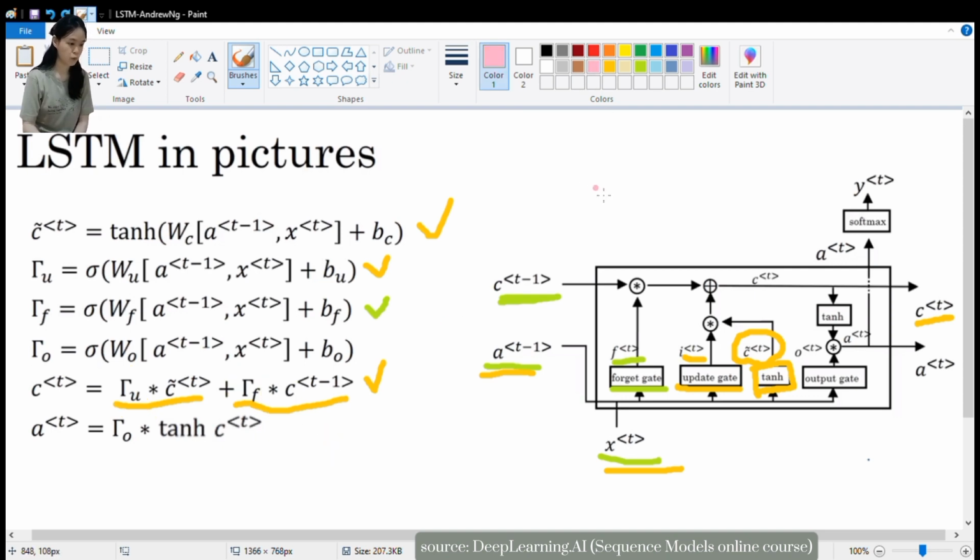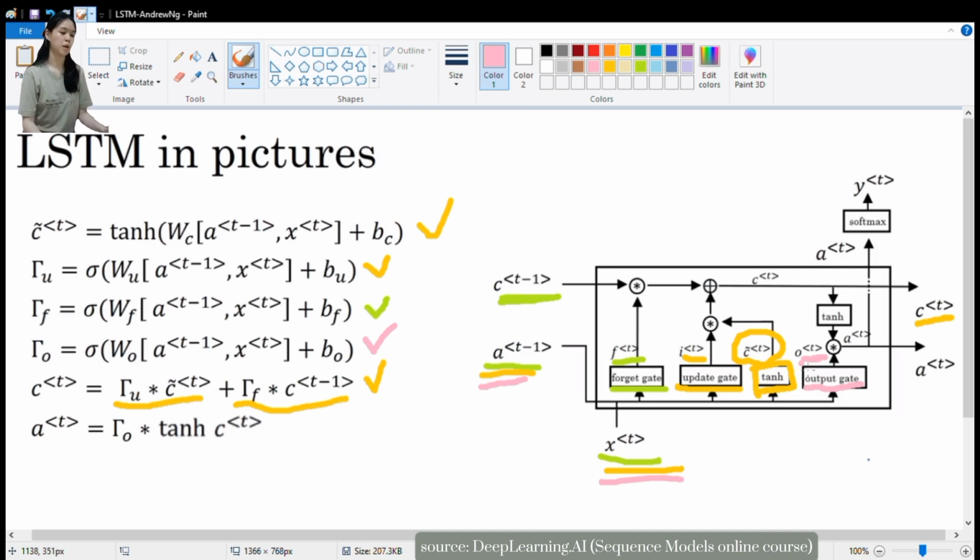And then one more thing, we also need to get our coefficients. We need to sort of update our coefficients. And to get that, we still need our a t-1 and x t, and then put it into the output gate here, doing this calculation on the left, and we will get an output constant o t.